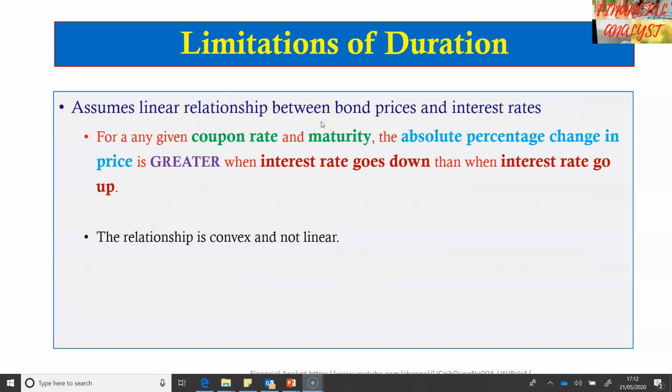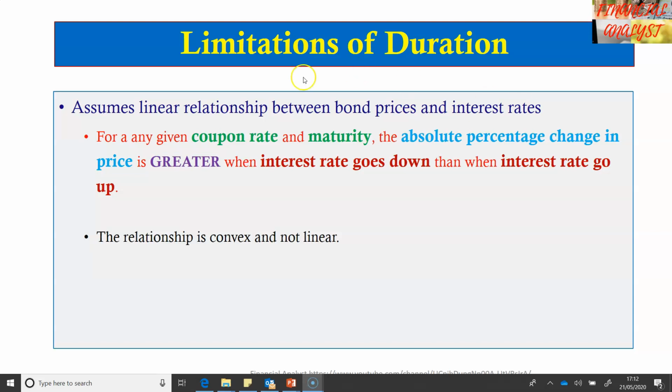The most obvious limitation of duration is that it assumes a linear relationship between bond prices and interest rates. So for a given coupon rate and maturity, the absolute percentage change in price is the same if interest rates go up or if interest rates go down. That is what duration assumes.